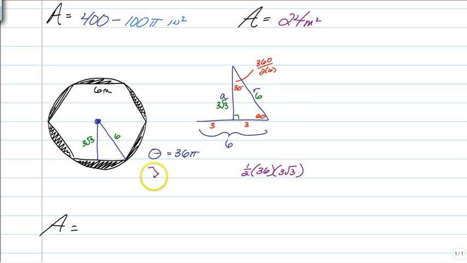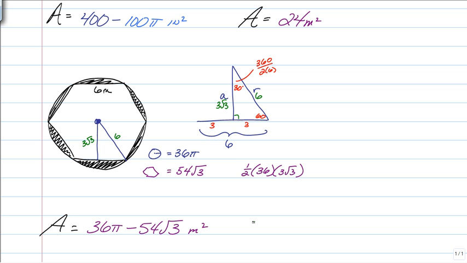And that means your hexagon is going to be 1/2 of 36 is 18 times 3 root 3. It's going to give you 54 square roots of 3. So your final answer is 36 pi minus 54 root 3 meters squared.